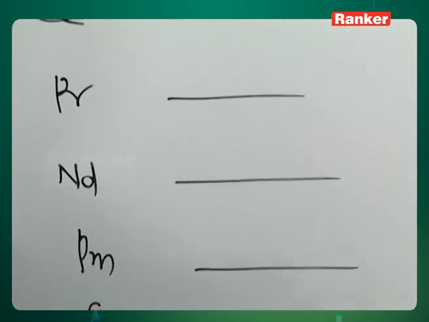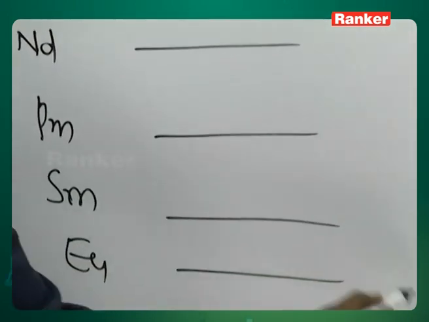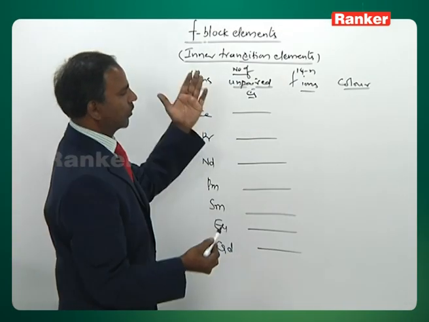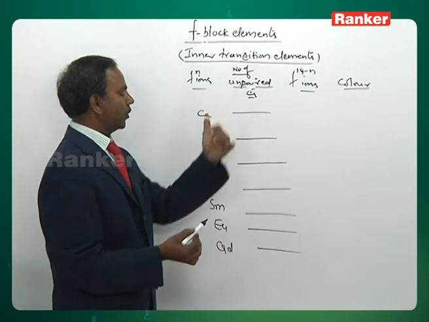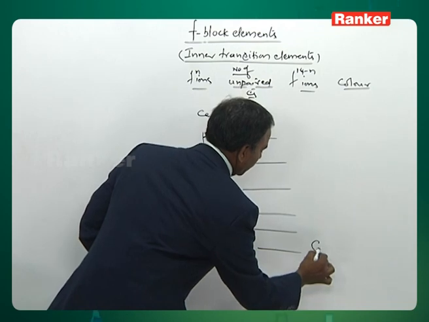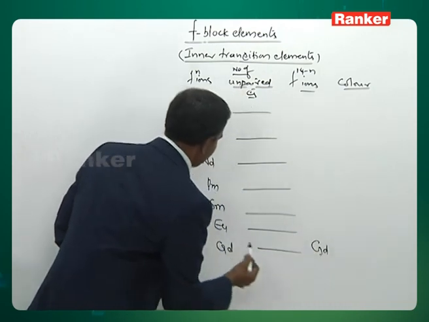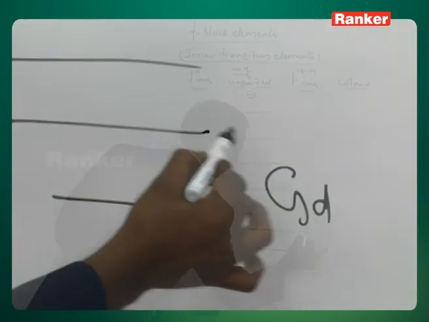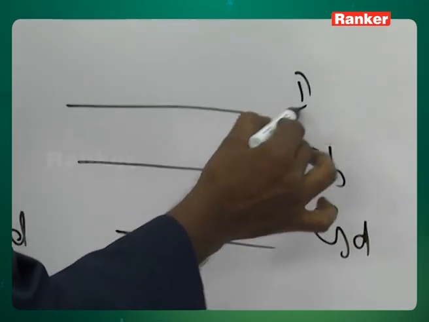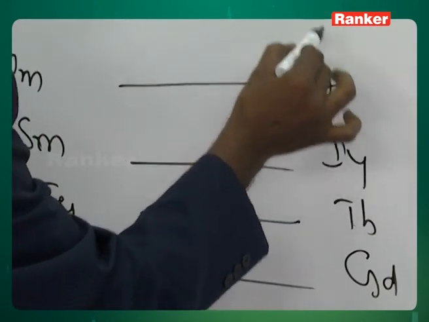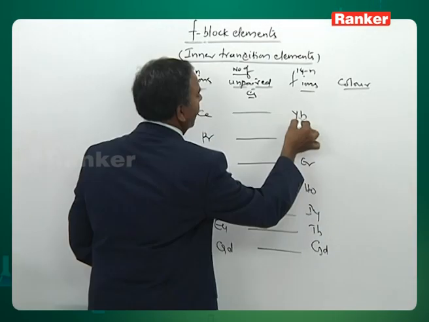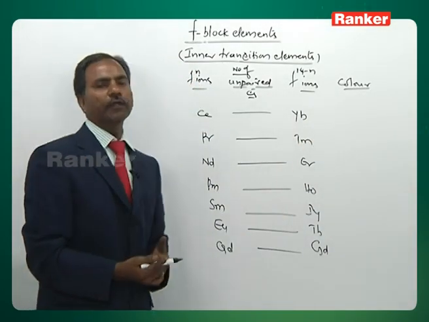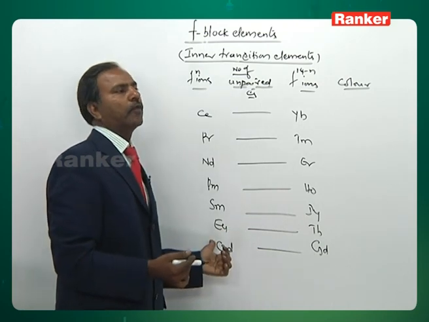Now, gadolinium, terbium, dysprosium, holmium, erbium, thulium, and ytterbium. Like this, all the 14 lanthanides we can make into 7 pairs.